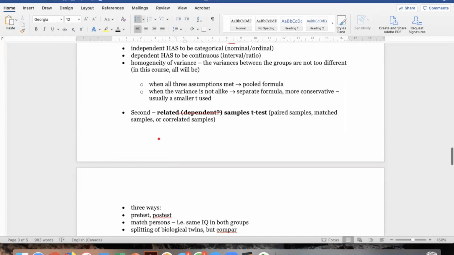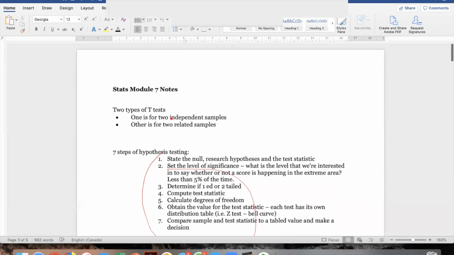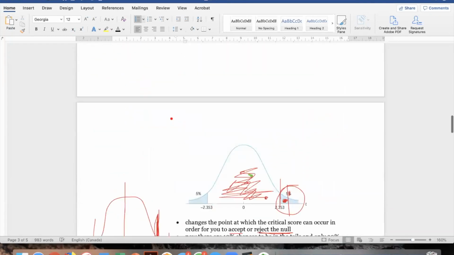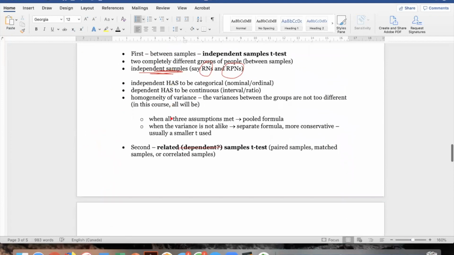The other kind of t-test is the related samples t-test, up here, right? They're two related samples. What you'll use it for is pre and post, right?